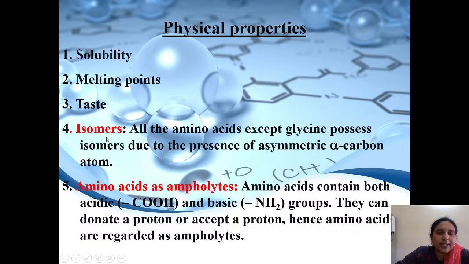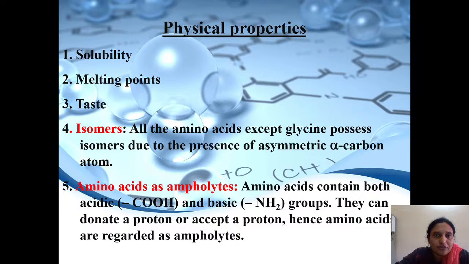The next physical property is isomers. All the amino acids except glycine may possess isomers due to the presence of an asymmetric alpha carbon atom. Out of the 20 amino acids, all can exhibit isomerism except glycine, because glycine has no asymmetric carbon atom. What do you mean by asymmetric carbon? If the 4 valencies of the carbon are attached to 4 different groups, that carbon is said to be asymmetric.